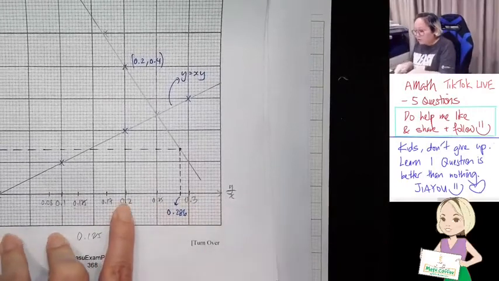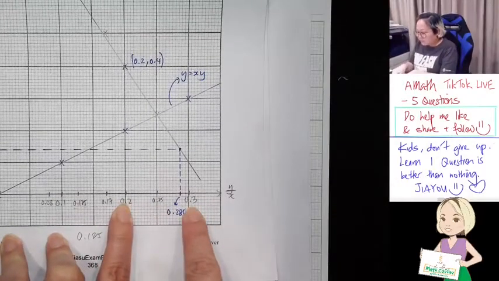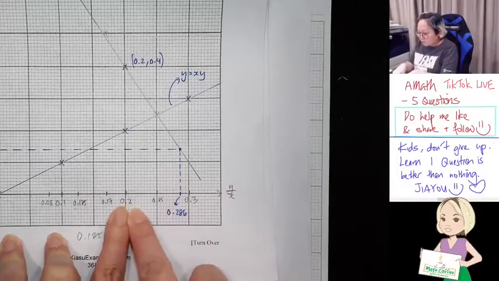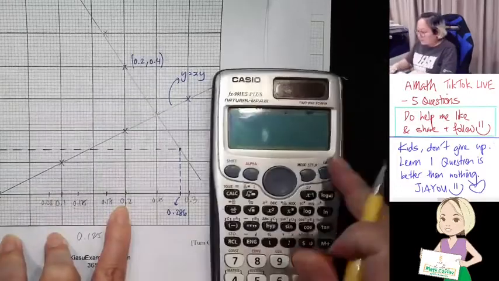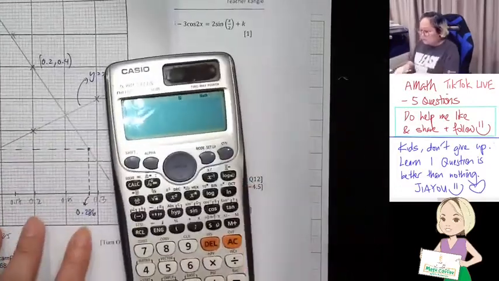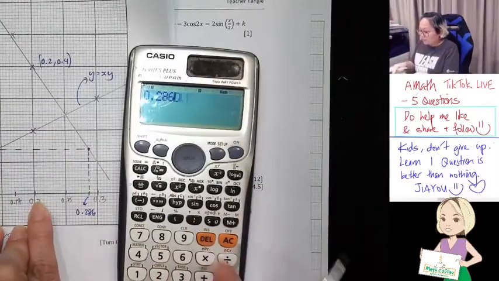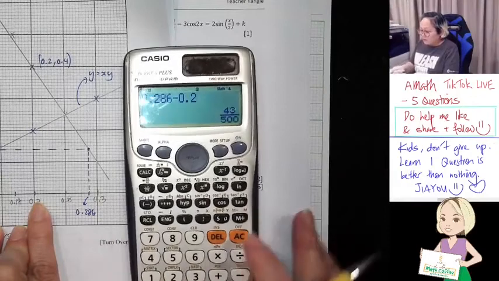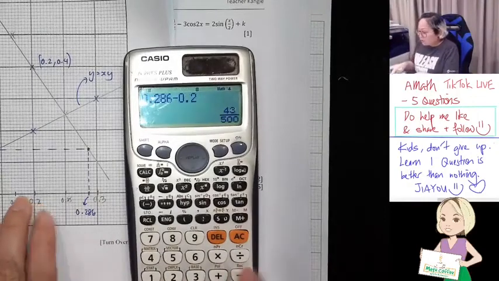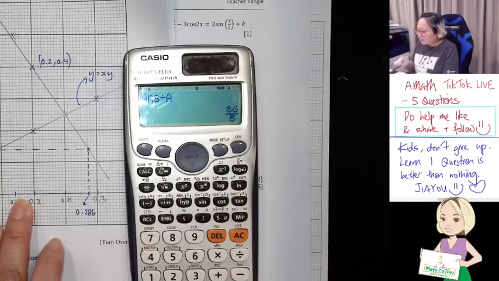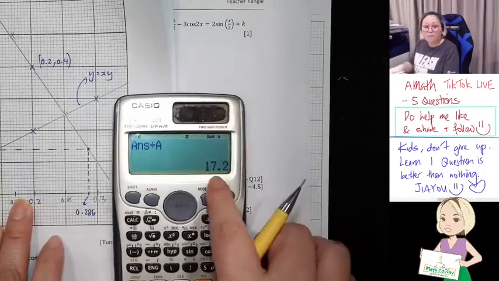See, my 0.2 is here, my 0.3 is here. So what I can do is take 0.286 and minus 0.2, then divide by one small square. Then I know it will be 17.2 squares, right?